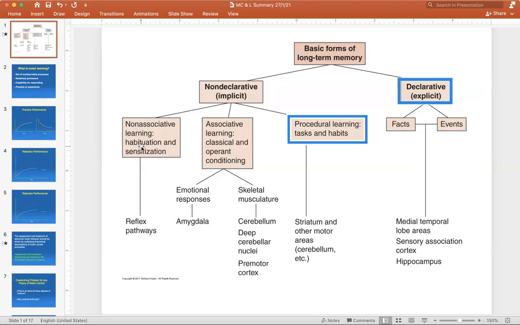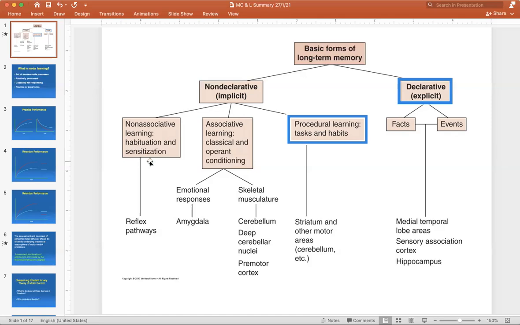So habituation, for example, is used in vestibular rehab when you have vestibular symptoms which are quite unpleasant. You deliberately expose the patient to those unpleasant stimuli, that dizziness, that nausea, that vertigo, etc., and the brain learns to habituate to them, and they're not as effective in producing a bad response.